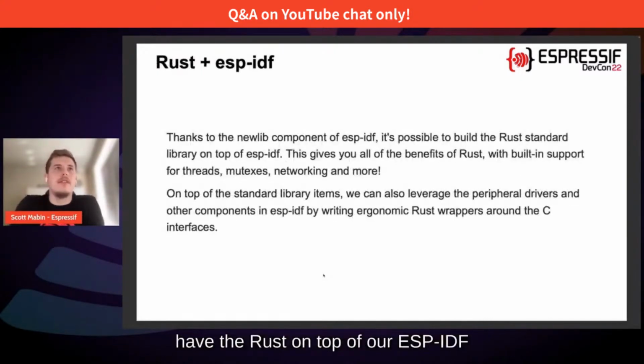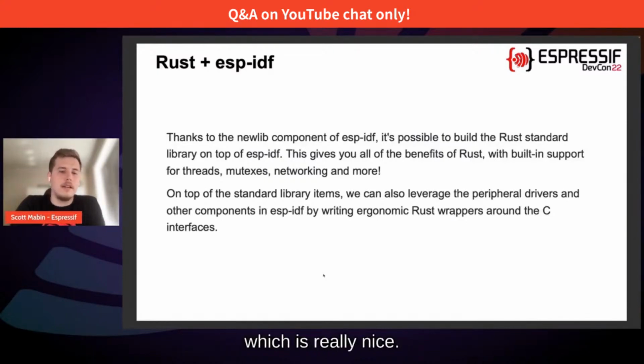Then we have the Rust on top of ESP-IDF approach. So fortunately, ESP-IDF has a newlib component which the Rust standard library can use to basically interact with ESP-IDF. And this means that you can build the standard library for ESP-IDF, which means you get threads, mutexes, networking, and more, which is really nice.